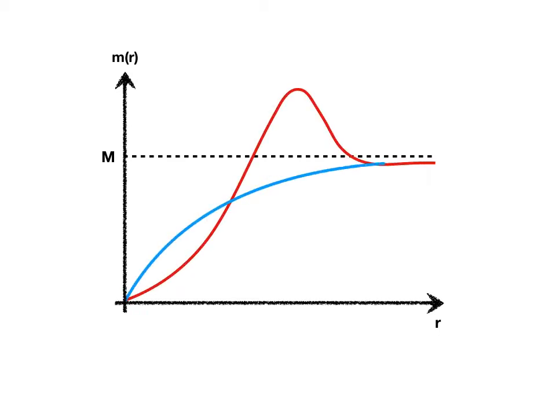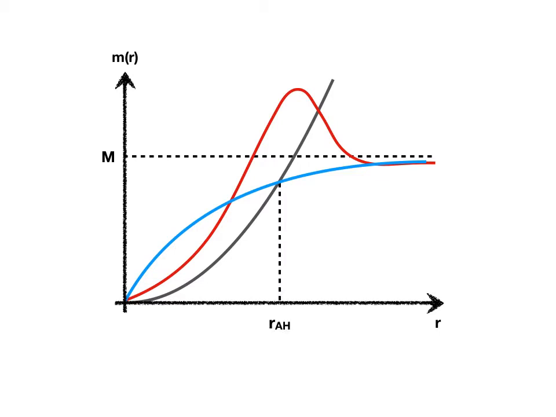Now the mass functions could be of various forms. There could be something like this red curve, or a mass function could be something like the blue curve. The main point is that they should asymptote to the total mass. The next thing is steps 2 and 3, finding out where the apparent horizon is. One finds the apparent horizon by looking at where it intersects the mass function.